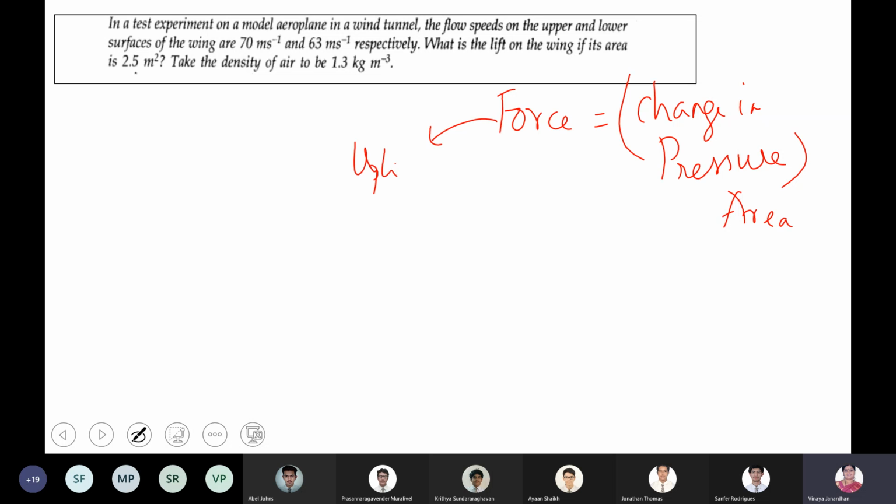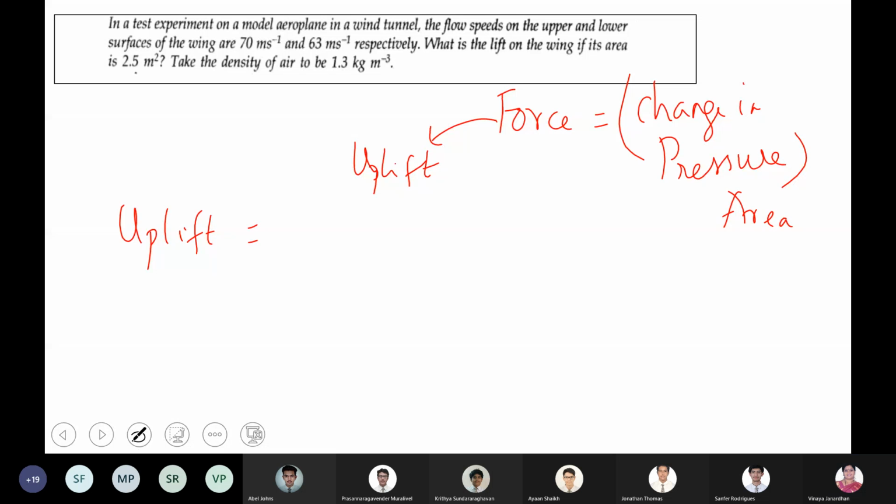So now calculate this. Uplift will be equal to, what was delta P? What was the formula for delta P? What is the formula for the uplift?